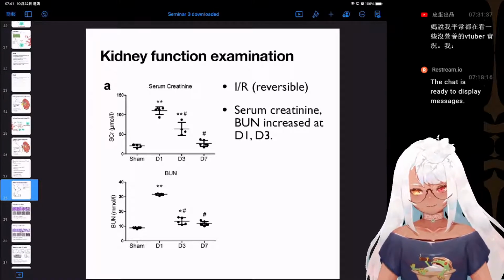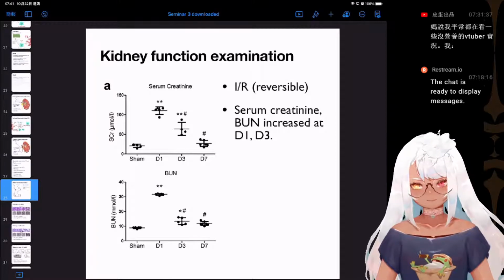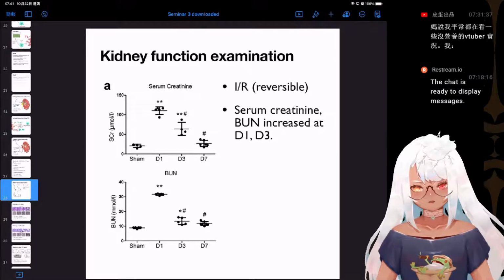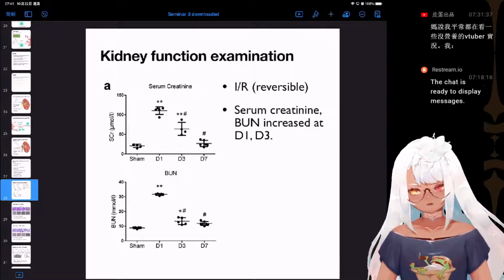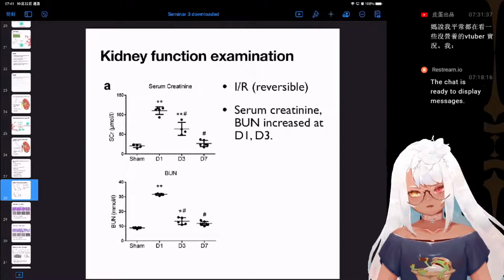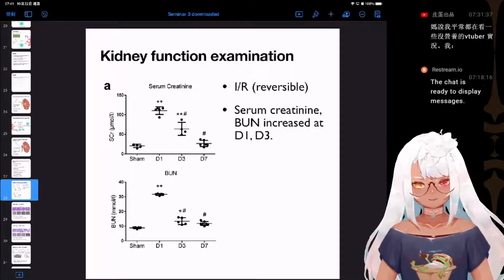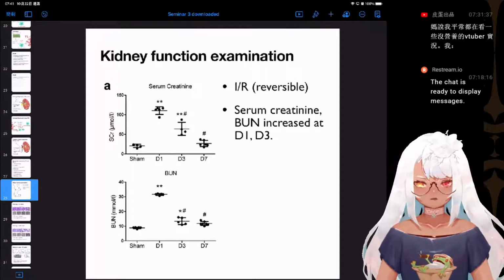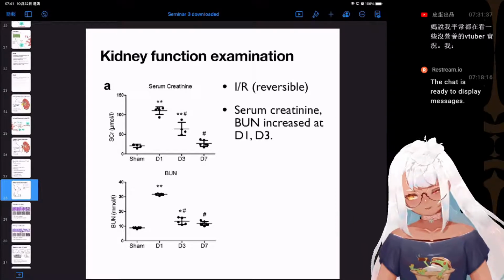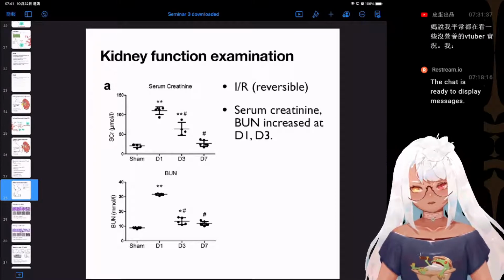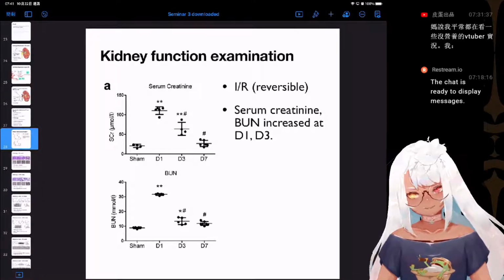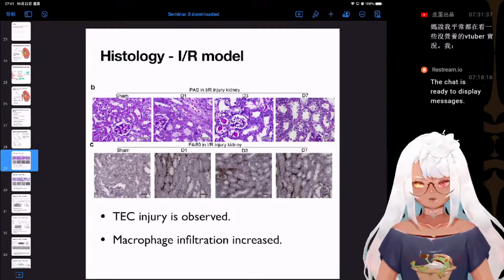After that, there is a decrease at day 7 compared to day 1 and day 3. That is because in this IR reversible model, at about day 7, the kidney will start repairing itself, so it will gain back its function.